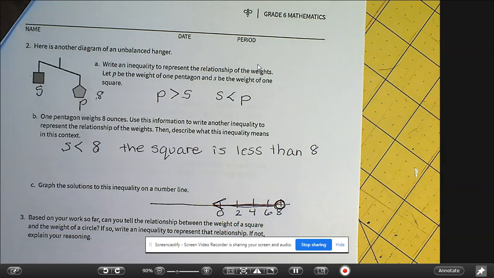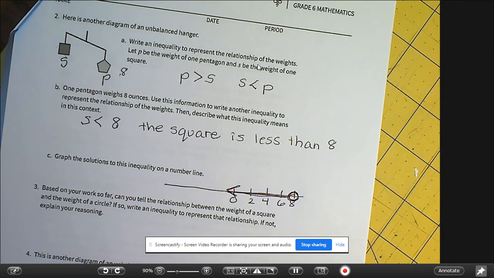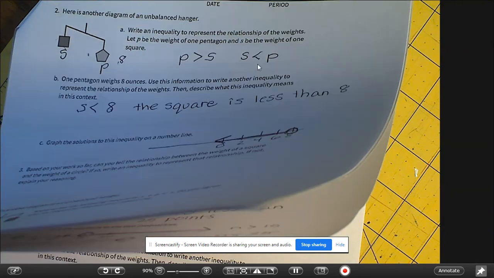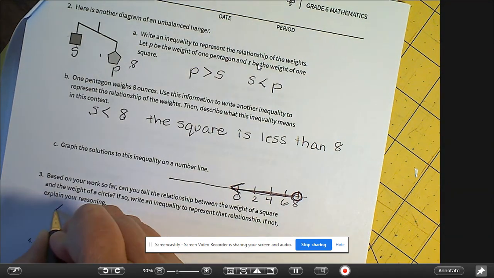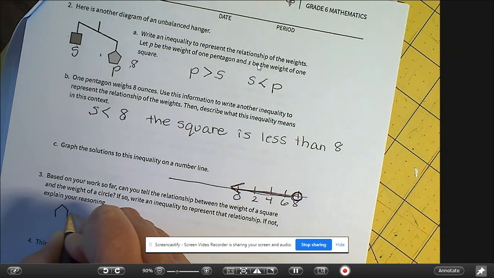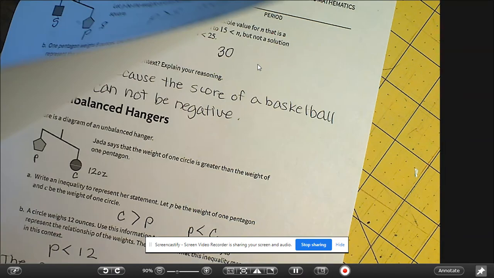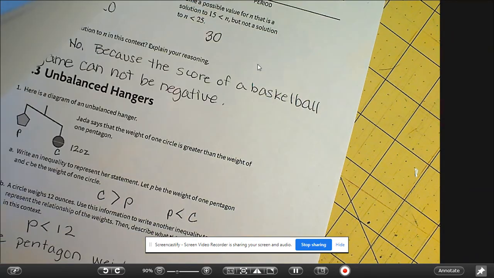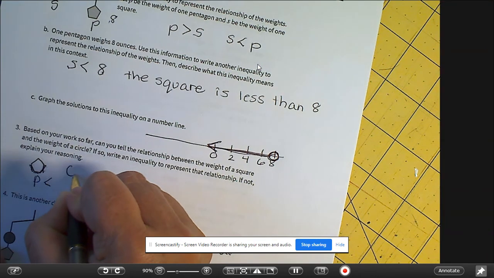So number 3 says, based on your work so far, can you tell the relationship between the weight of a square and the weight of a circle? If so, write an inequality to represent that relationship. If not, explain your reasoning. So remember the pentagon in the first scenario was less than the circle.